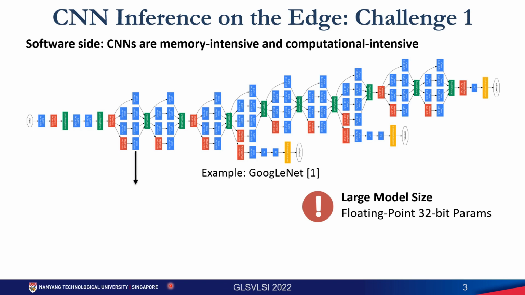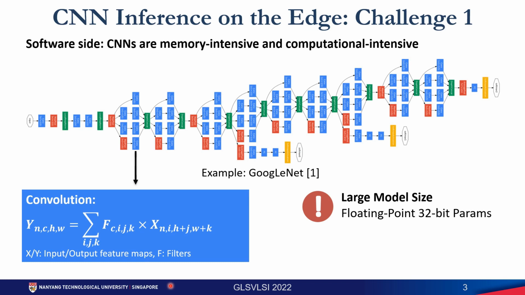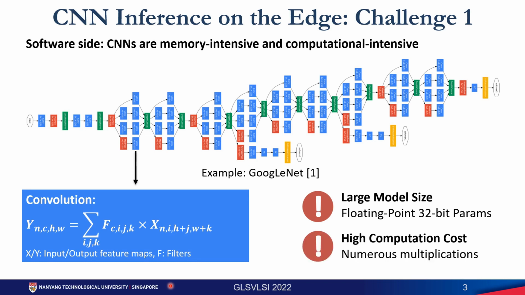Taking a look at the convolution layer, we find that the convolution is made up of iterative multiplication and accumulation operations. The numerous multiplications bring high computation cost. The large model size and the high computation cost are two main challenges on the software side.